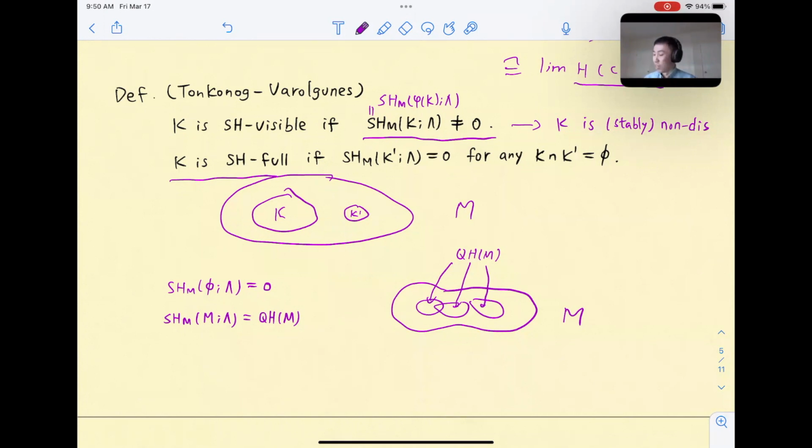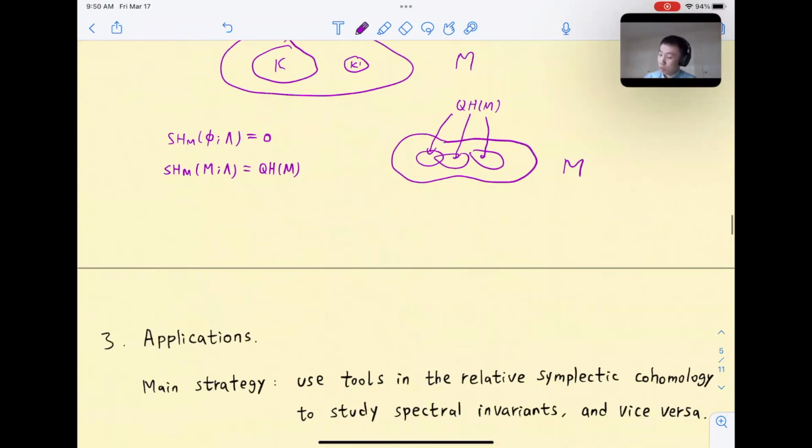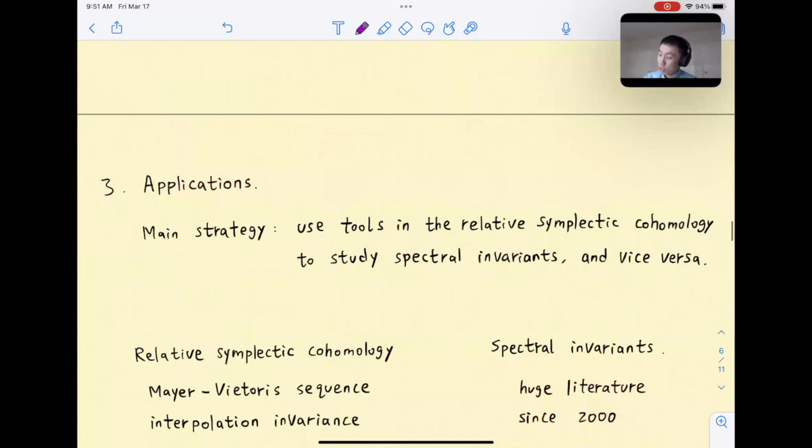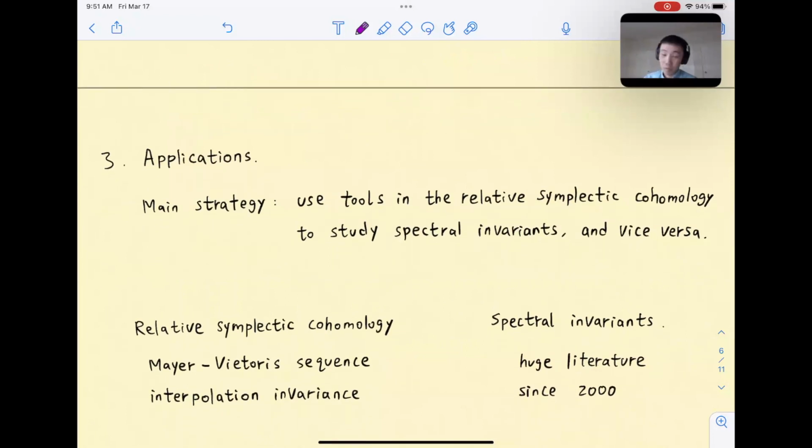Okay, so now, before doing the proof of the main theorem, let's first see some applications. Recall the main theorem says that SH_M^K(λ) is non-zero if and only if K is heavy.